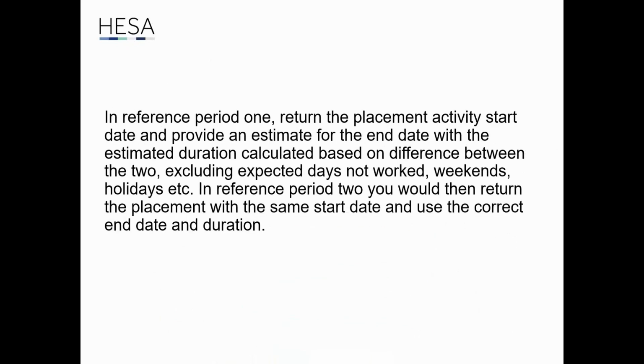So in reference period 1, the provider would return the placement activity start date and then provide an estimate for the end date, with an estimated duration calculated based on the difference, again excluding any anticipated days not worked, weekends, holidays, etc. For the most part, a provider will roughly know when a student will go on placement and when they will eventually return from placement. But again, this is an estimate because a provider won't know for sure, because it's happening in the future, when a student might come back.